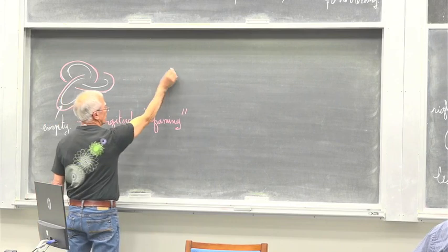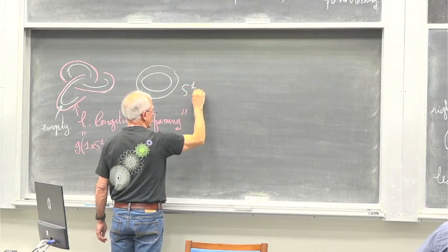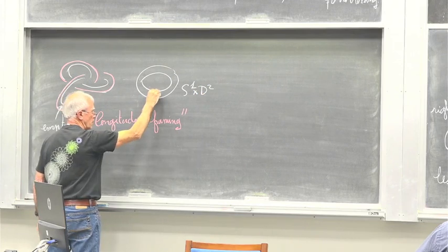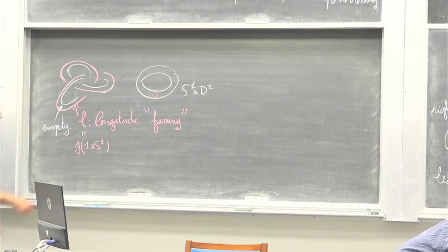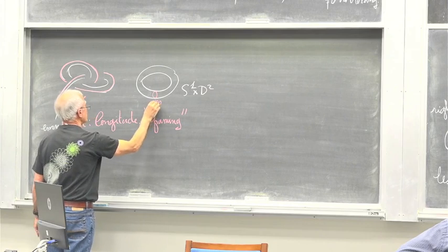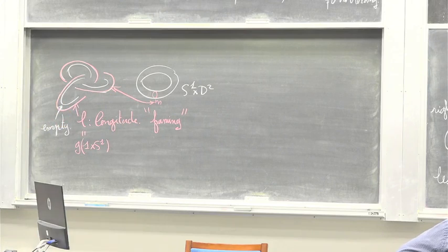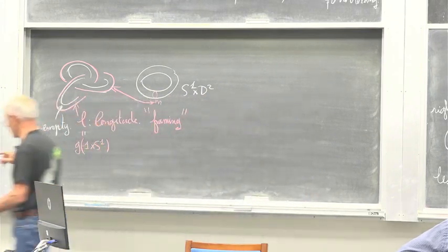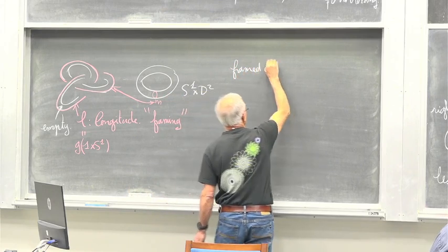But what I mean here is that I put another S1 times D2. And now it happens that the longitude of D2 times S1 becomes the meridian here. And this meridian is identified with the previous longitude. So this means that we have framed diagrams.